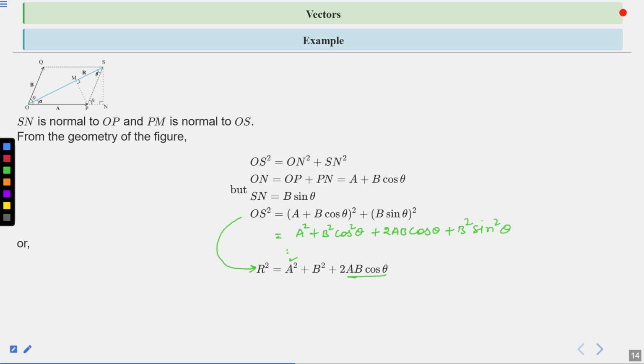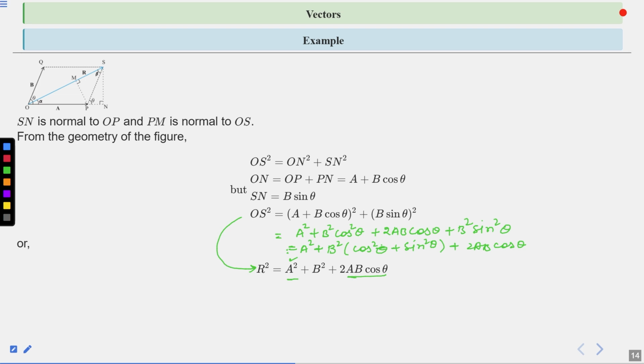Clear? Now A square plus, take B square common, so it will be B square times (cos square theta plus sin square theta), plus 2AB cos theta. Now cos square theta plus sin square theta is 1.